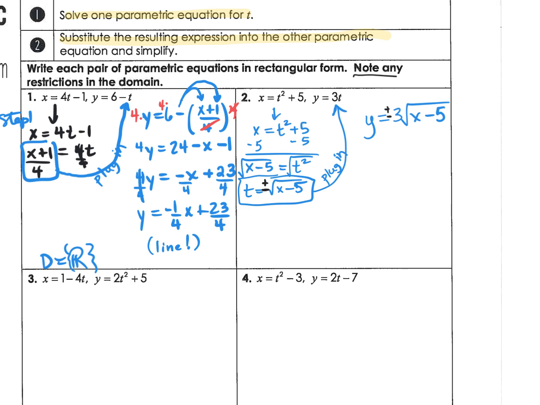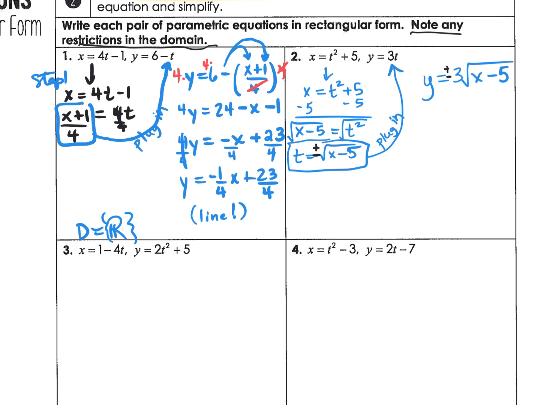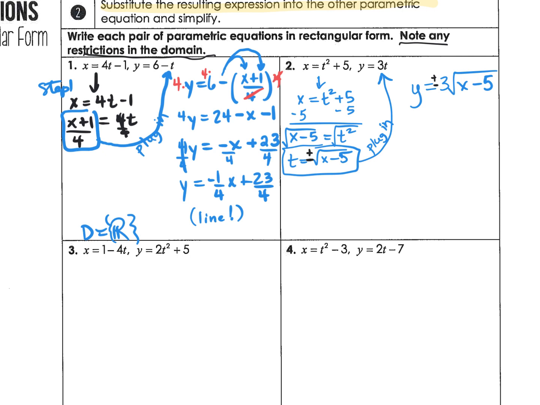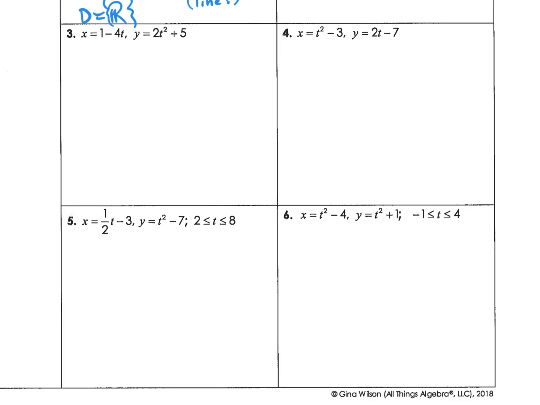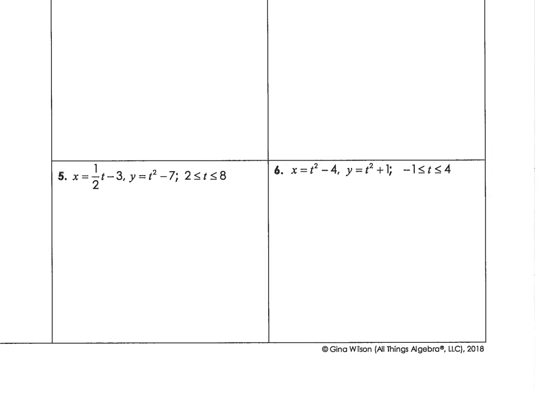The only time you have a domain restriction is if you've got a restriction on t. Did it give us a specific set of t's? Did not, did it? So we don't have any domain restrictions until we get down to what?